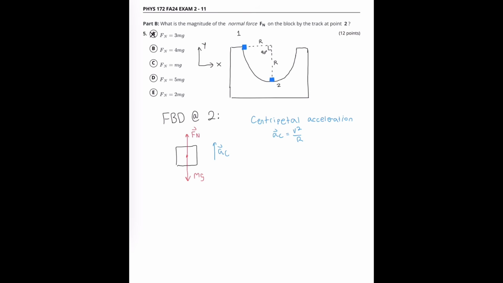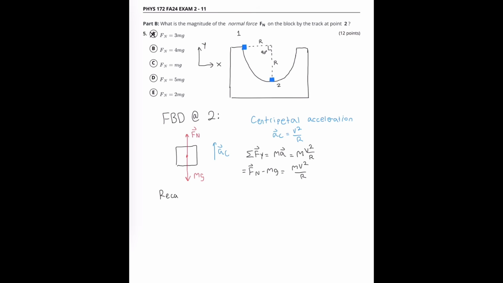And so from all of this, we can say the sum of forces in the y direction is equal to mass times acceleration from Newton's second law, and that will be equal to mv squared over r. And from that, we can also say Fn minus mg is equal to mv squared over r.